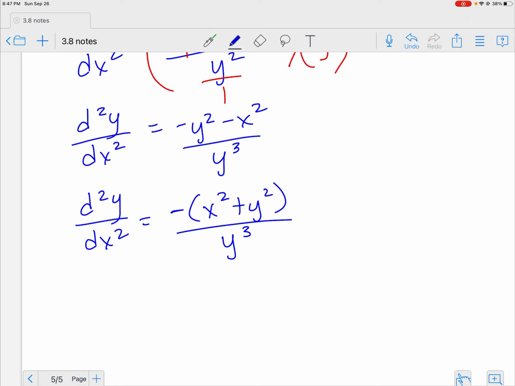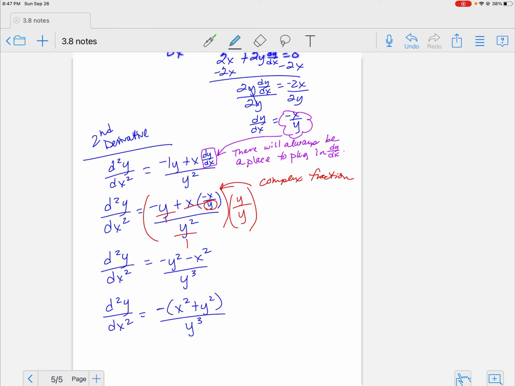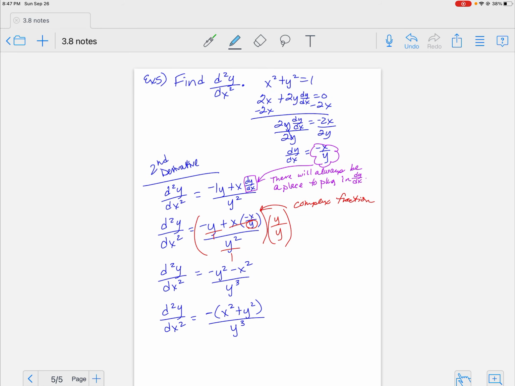Now, ladies and gentlemen, here is the fun and exciting part associated with implicit differentiation. Look at what we have. Typically, and I'd say the majority of the time, every once in a while it doesn't happen, but it is such a rare occurrence, okay?